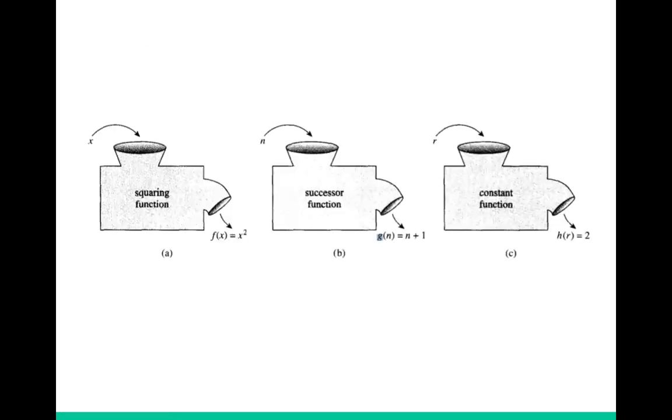Okay. So here are some other examples. For example, you have the squaring function. What does the squaring function do? The squaring function accepts an input x, and then it produces an output f of x equals x squared. Okay. So what do you think will be the domain and the codomain of this squaring function?